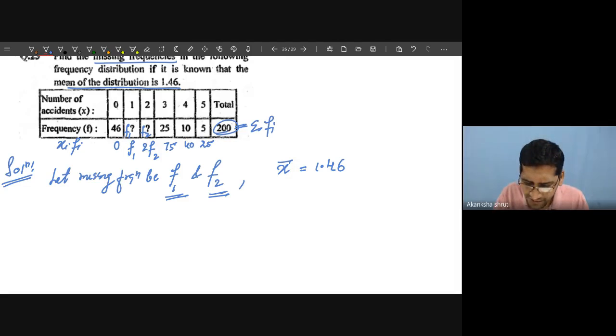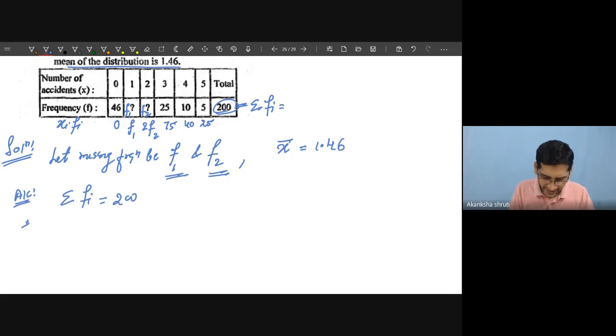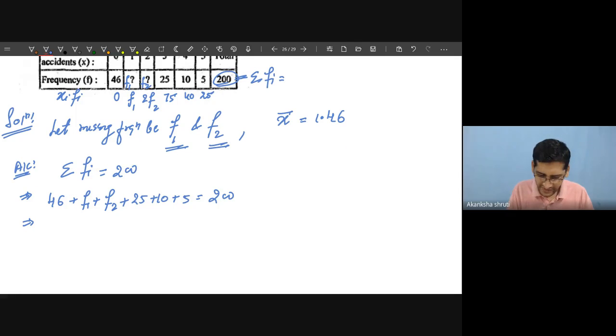Summation of fi is given in the table as 200, but this can be calculated by adding the respective frequencies, meaning 46 plus F1 plus F2 plus 25 plus 10 plus 5. This would be 200. So from this you can get one of the relations between F1 and F2.